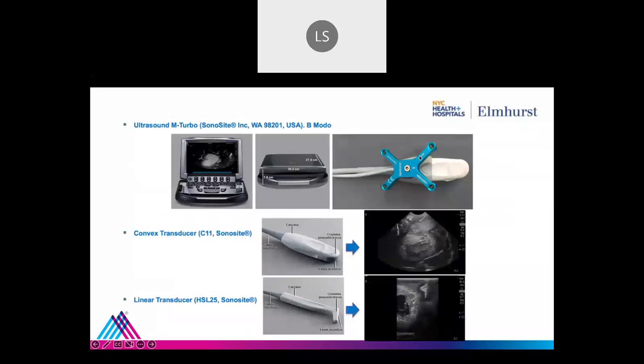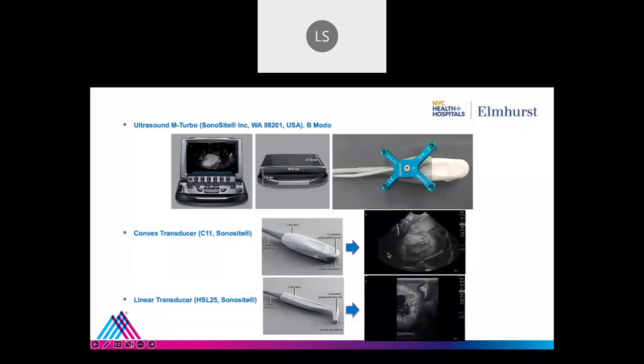As you can see here, you have the Medtronic tracker. This is specific for this transducer array, and this is the ultrasound that we use, the Sonosite. There are different types of probes. The one that we use the most in neurosurgery, and the one that we have here, is the convex array transducer, and it gives you this sort of picture that you can see here.